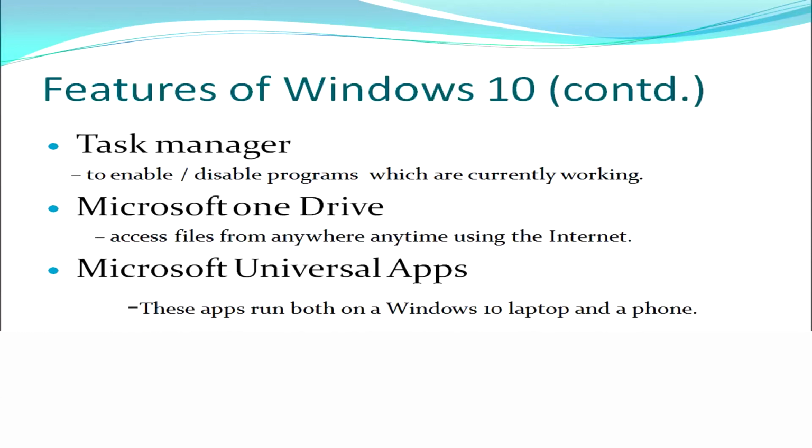It has a OneDrive. This particular feature helps us to access files from anywhere and anytime using the internet. It is basically a virtual storage device. And we also have Microsoft Universal Apps. These apps run on both laptop and phone which are using the Windows 10 operating system.